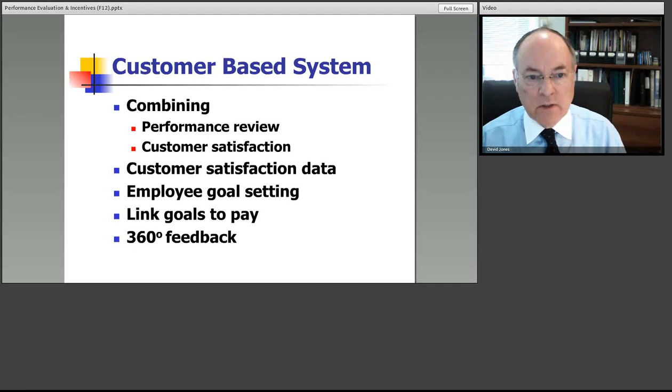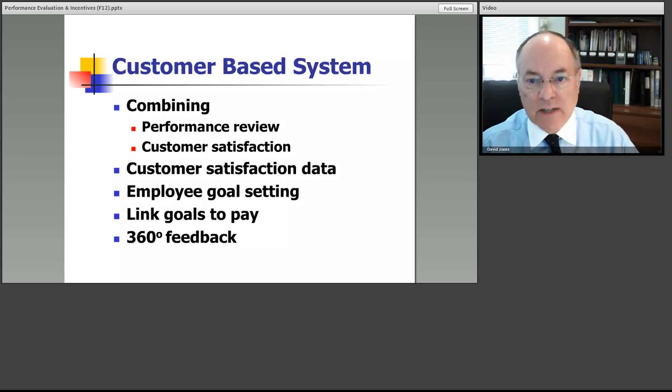So we're looking at satisfaction data. In particular, let's say a hotel has guest satisfaction surveys and they ask for certain employees who are doing an outstanding job. Being able to measure that, put some kind of measure on it. We also have a lot of systems that hotels are using today for customer satisfaction that identify various departments. So a manager of a department could be set in there.